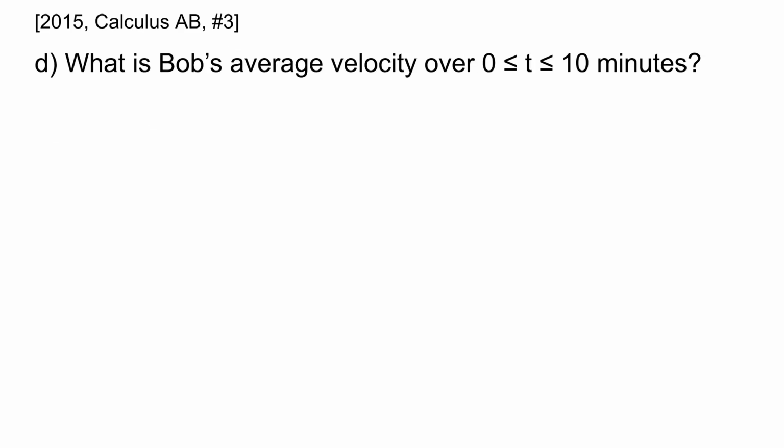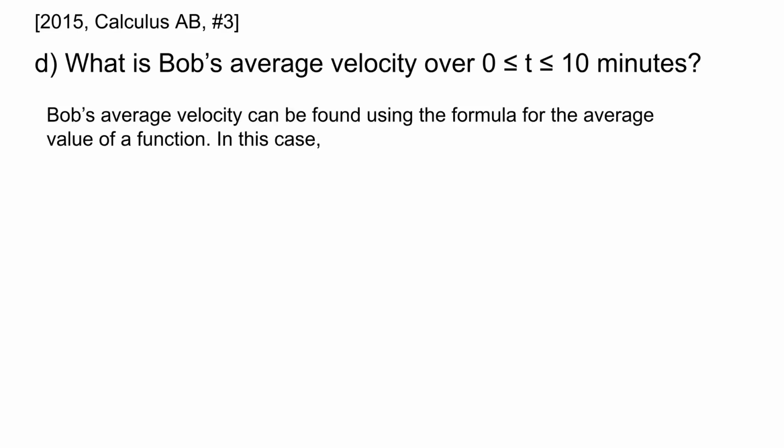In part D of this question, we are asked what Bob's average velocity is over the interval from 0 to 10 minutes. Bob's average velocity can be found using the formula for the average value of a function.